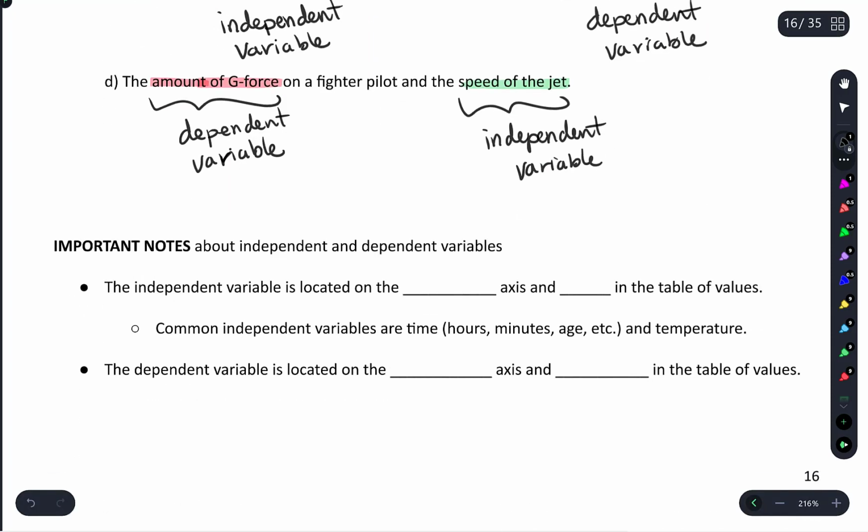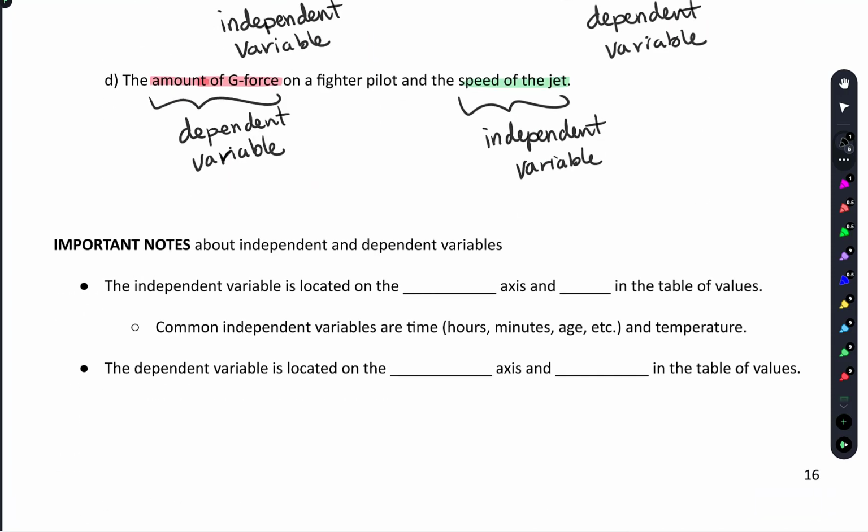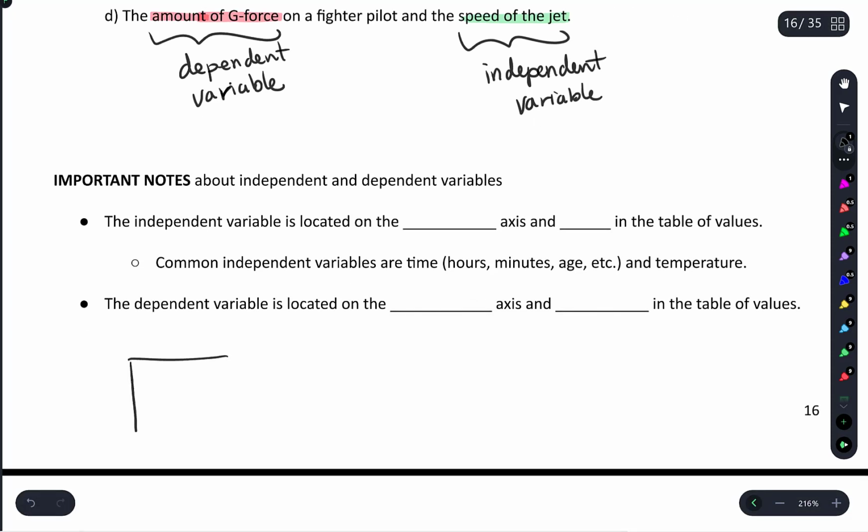Okay, so one last thing here about independent and dependent variables. If we're looking at a table of values, and that's the type of thing where we see kind of like, I don't know, X and Y, or it might be something like speed and G-force, and I can change my values.